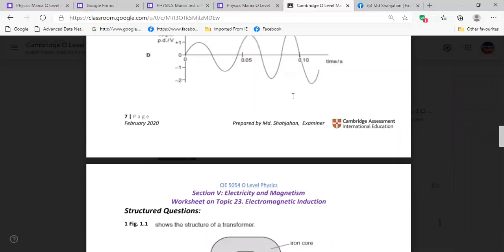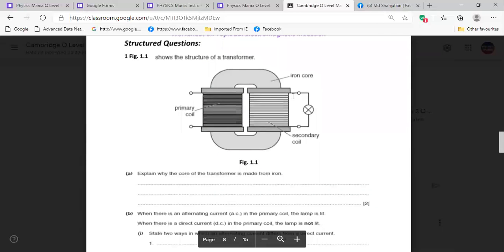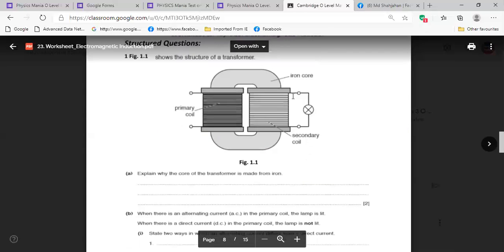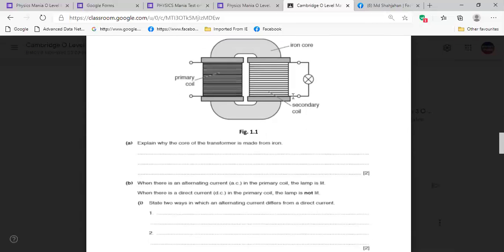Now, structured questions, which ones did you do? I did till number 3. Okay, very good. Look, question number 1. Why is the core of the transformer made of iron? Because it is a temporary magnet.